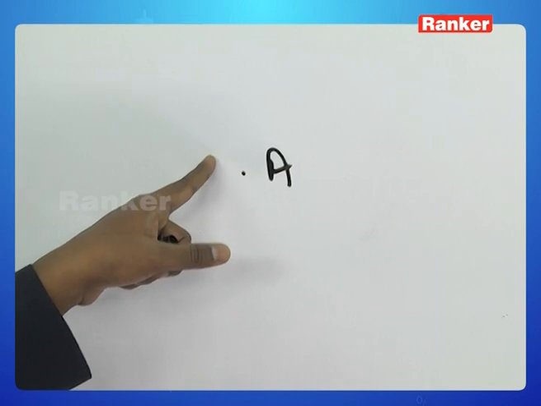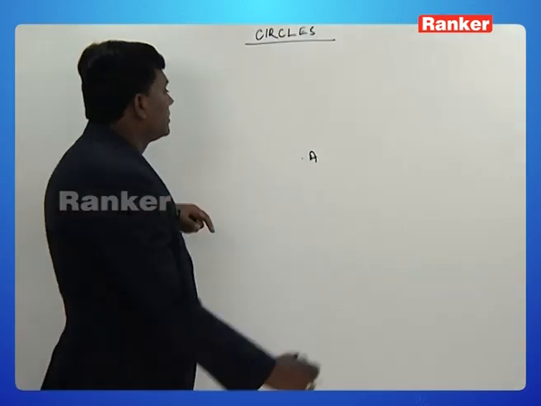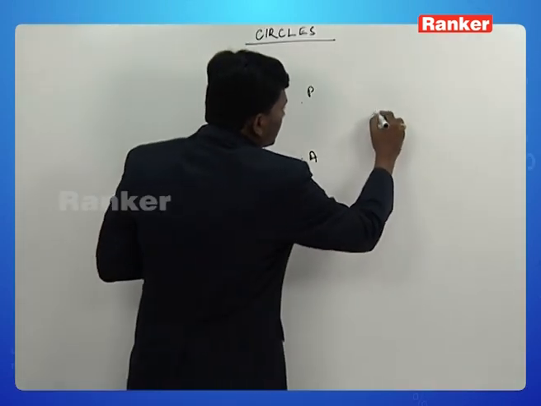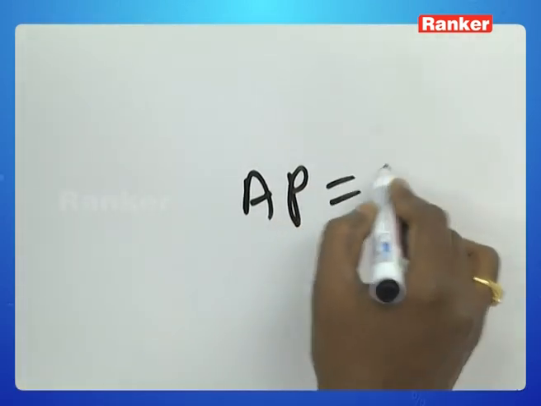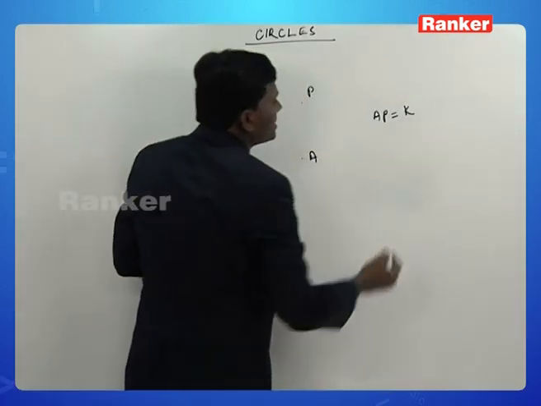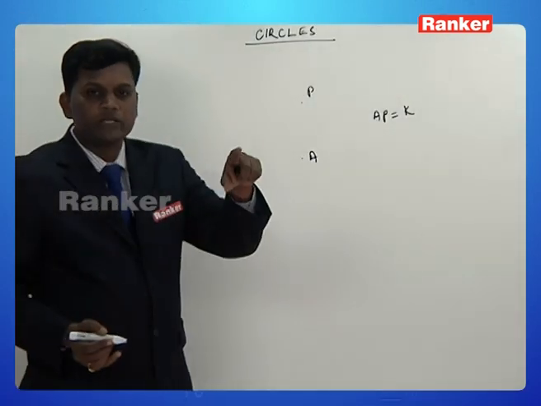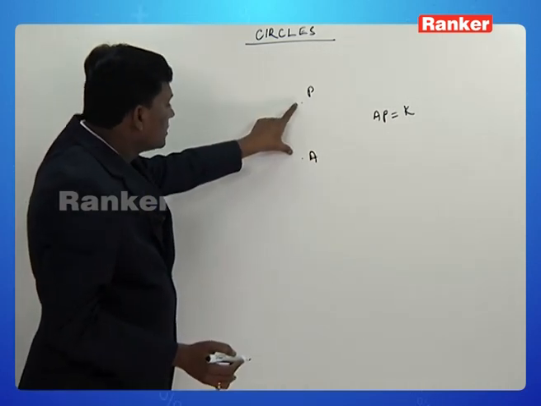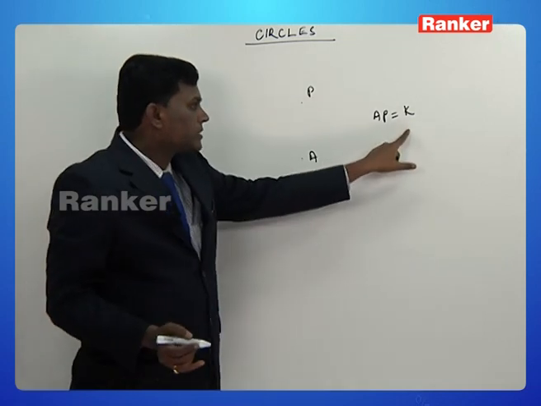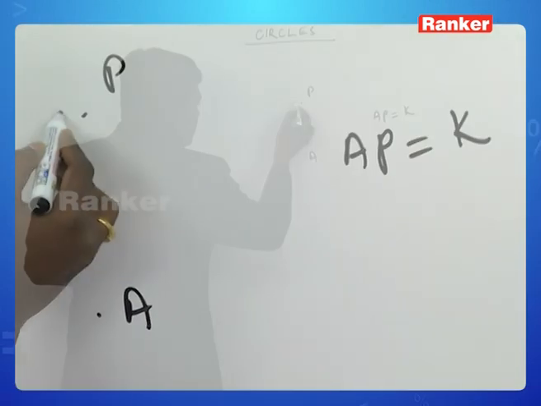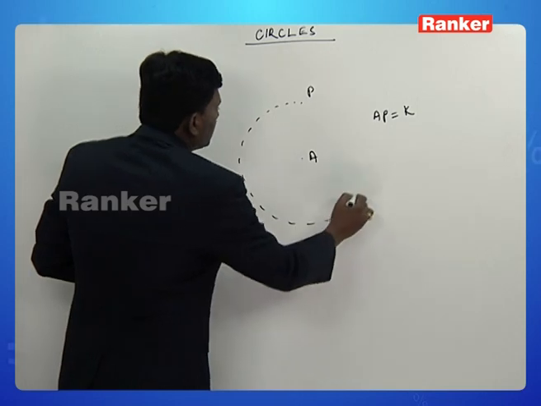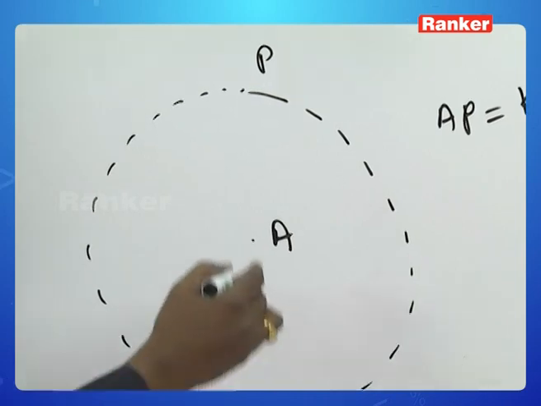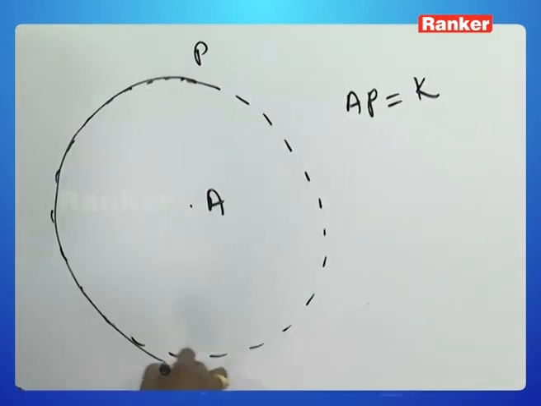Suppose A is a fixed point somewhere in the plane and P is a variable point moving such that the distance between A and P is always a constant K. If P is a variable point moving in such a way that the distance between A and P is always a constant K, then if you take the path of all such points, joining all these, we find a circle.